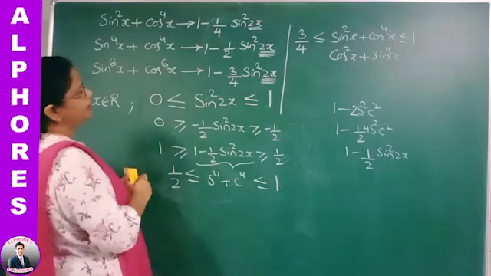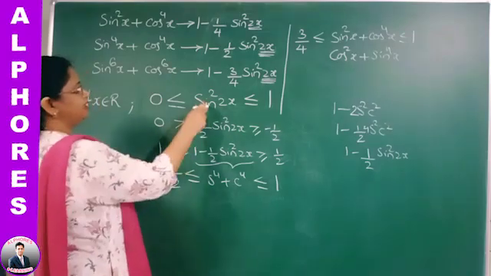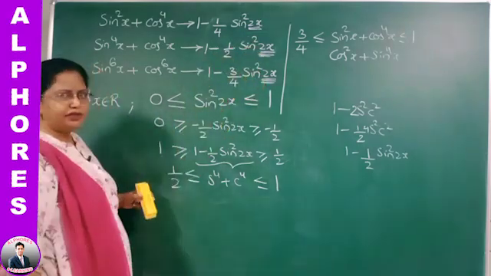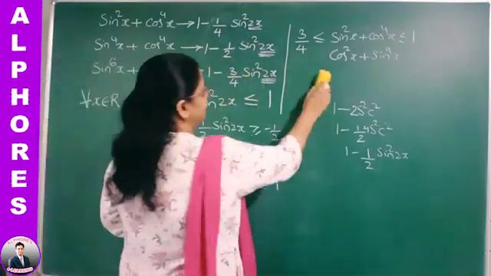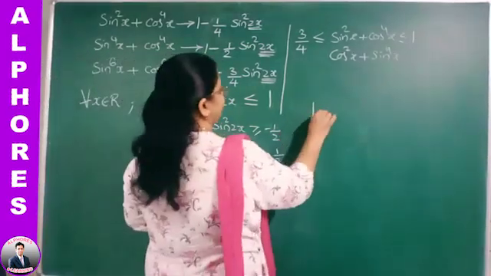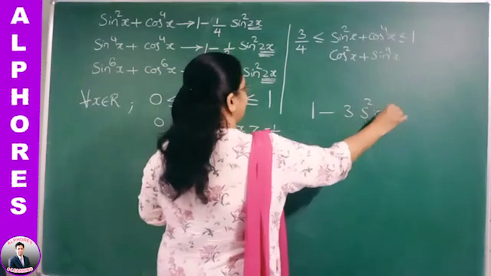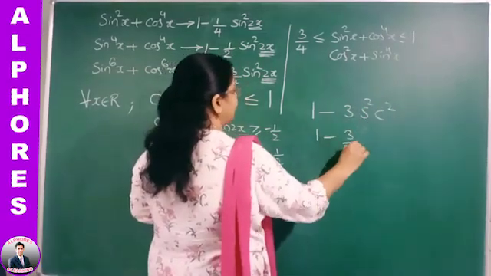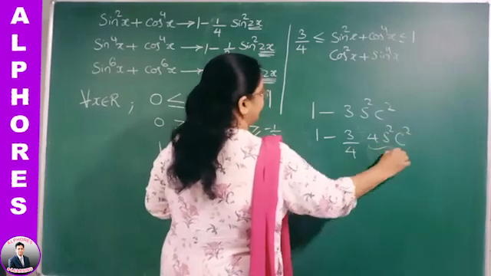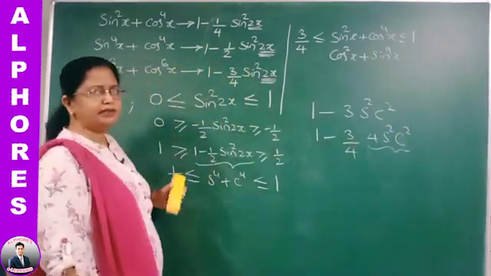In this way you can find even for sin⁶x + cos⁶x also. What is that particular value here? Again in the same way we start with this one, because all are having sin²2x. And what is that particular formula for sin⁶x + cos⁶x? You know, it is 1 minus 3 times sin²x cos²x, and thereby we multiplied and divided by 4, and that means this is our value, that is nothing but sin²2x.